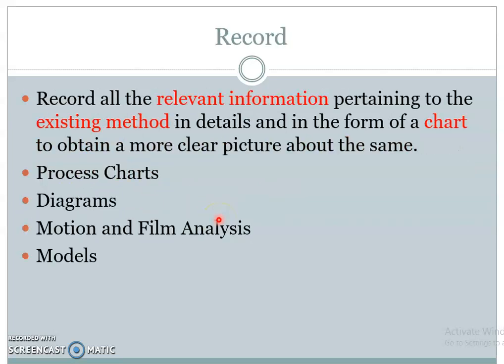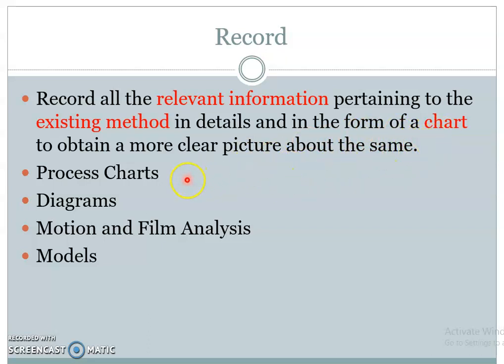Now, the second step is to record the existing method. Here we will record the relevant information related to the existing method in detail and in the form of a chart to obtain a clearer picture of the same. To describe the existing method, we will use chart techniques.